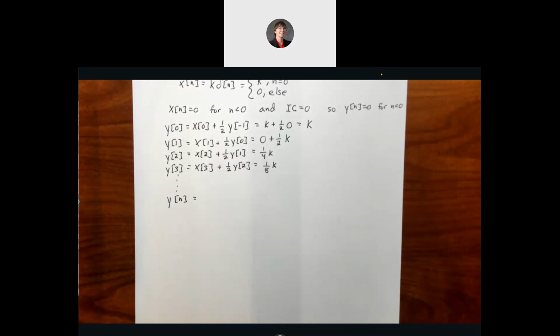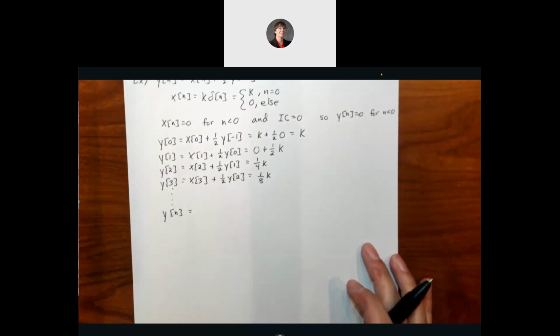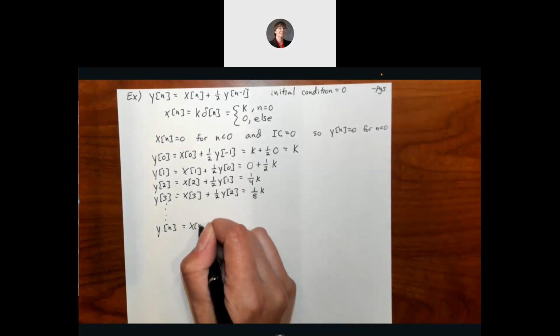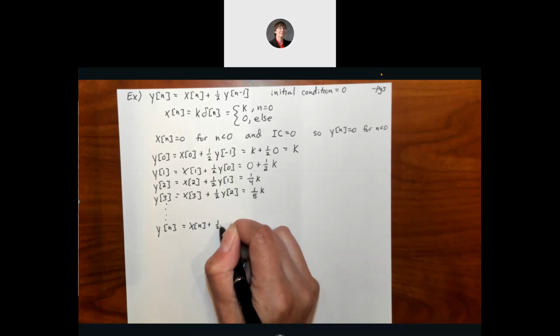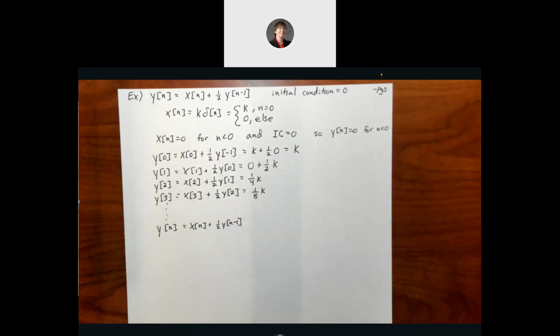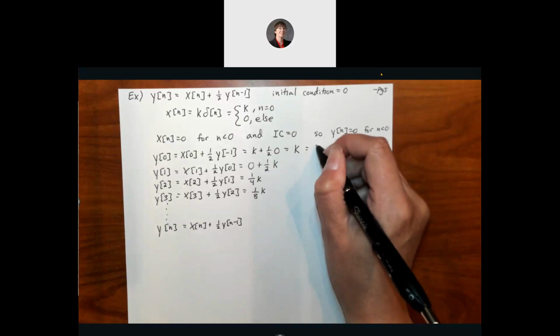And so if I wanted to figure out, in general, what is y of n, I have x of n plus 1/2 y of n minus 1. Depending on how your mind works, you might be able to see that we can actually rewrite this.